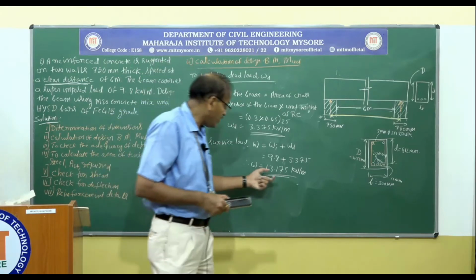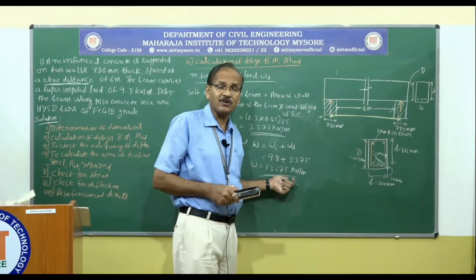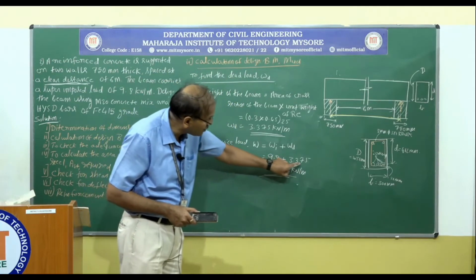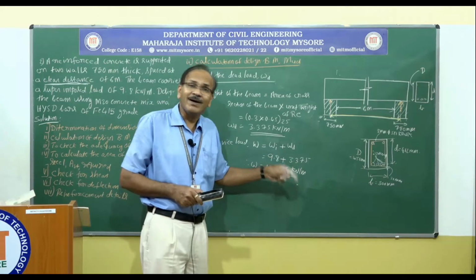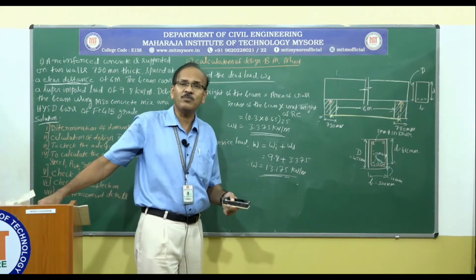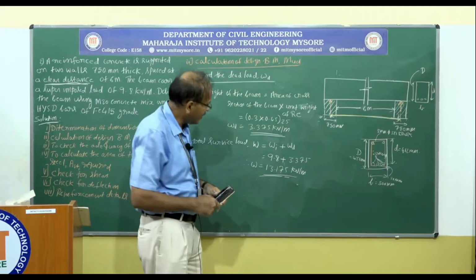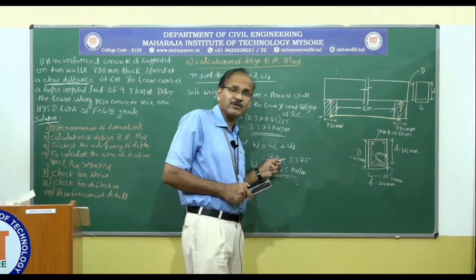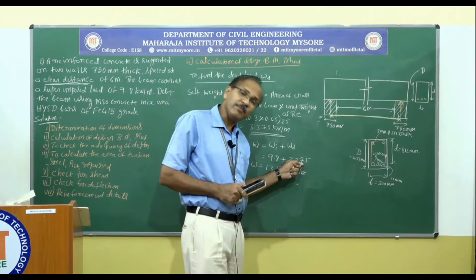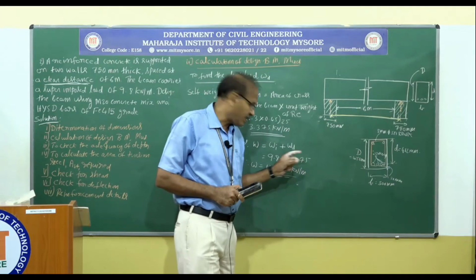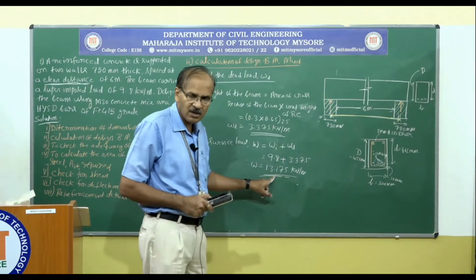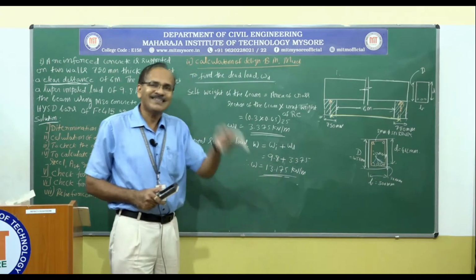Okay, but we are not supposed to take this load as it is on design. No. In limit state design, what we have to do is we have to multiply each of these values by their corresponding load factors as given in the code book. Okay, here the load factor for the imposed load, that is for the live load, is 1.5, and for this it is 1.5 as well. So because I have the same load factor for these two, I have added this and I am going to multiply this value by 1.5 to arrive at the design load.